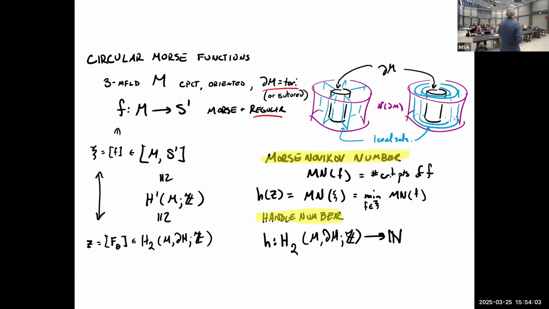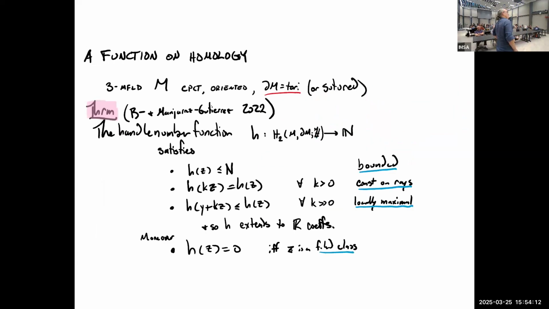We have this handle number function, counting the number of handles, the number of critical points, you want to make for a given homology class. Together with Fabiola, we investigated the various properties that this has as you pass through the different homology classes.